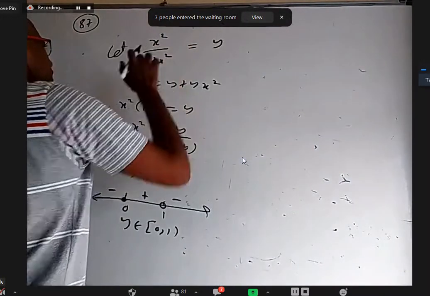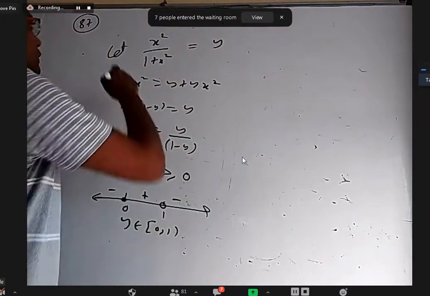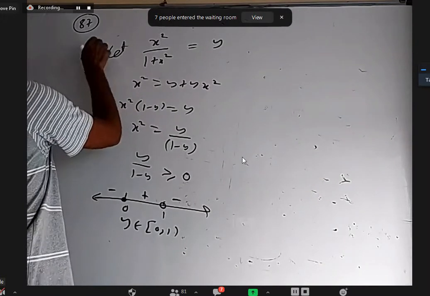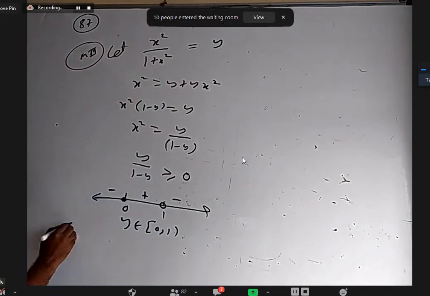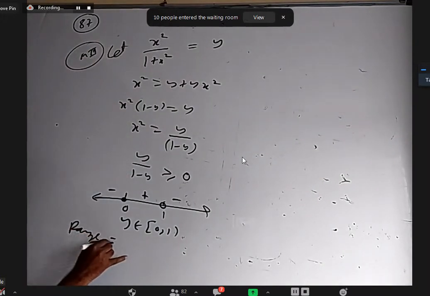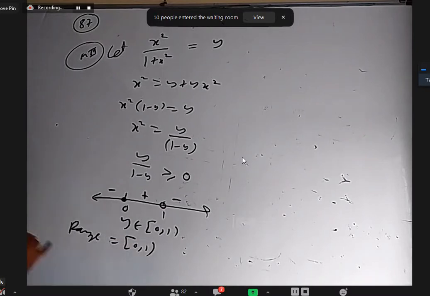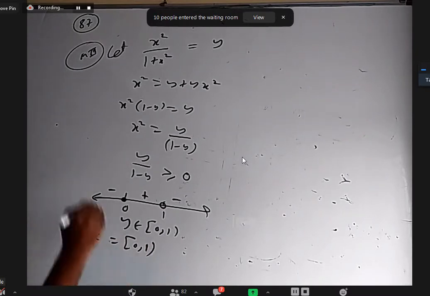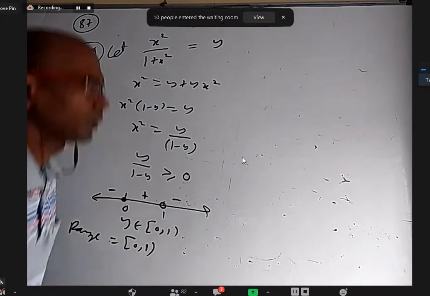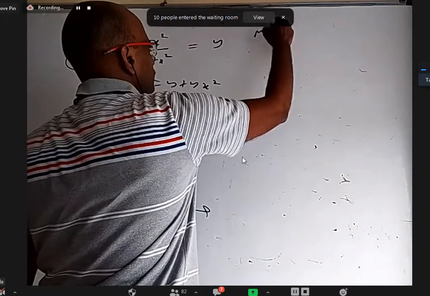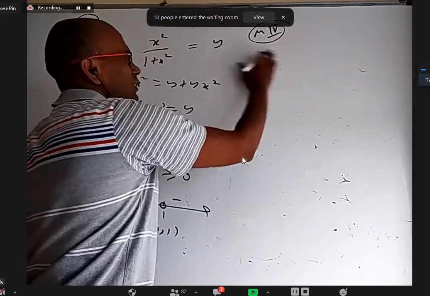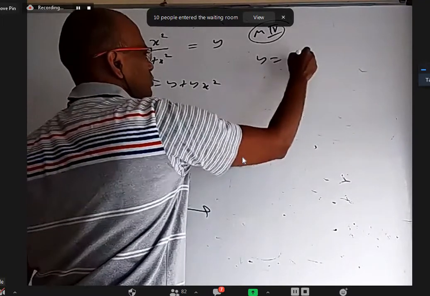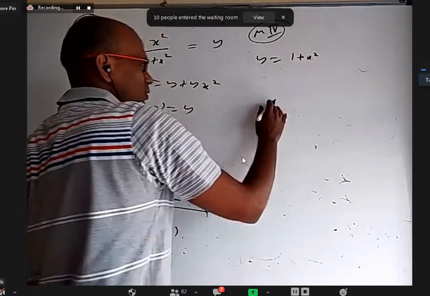Okay, I want to draw the graph of this function. What I wrote just now is method 3, and this is the range. Okay, method 4, I want to first of all draw the graph. Y equal to 1 plus x square graph I want first.